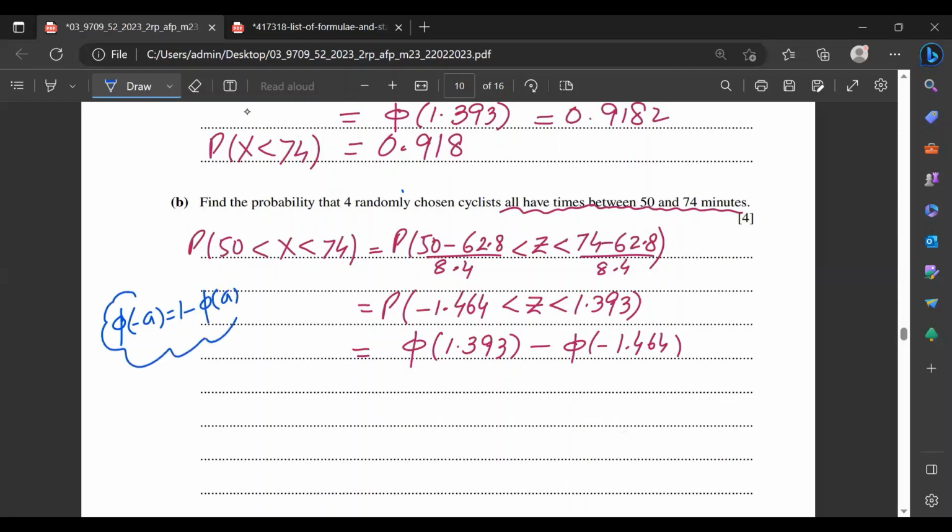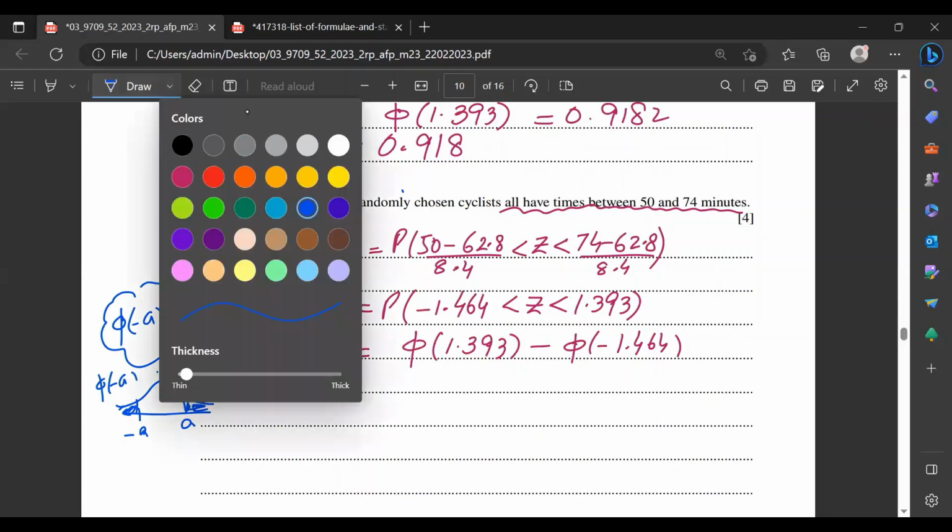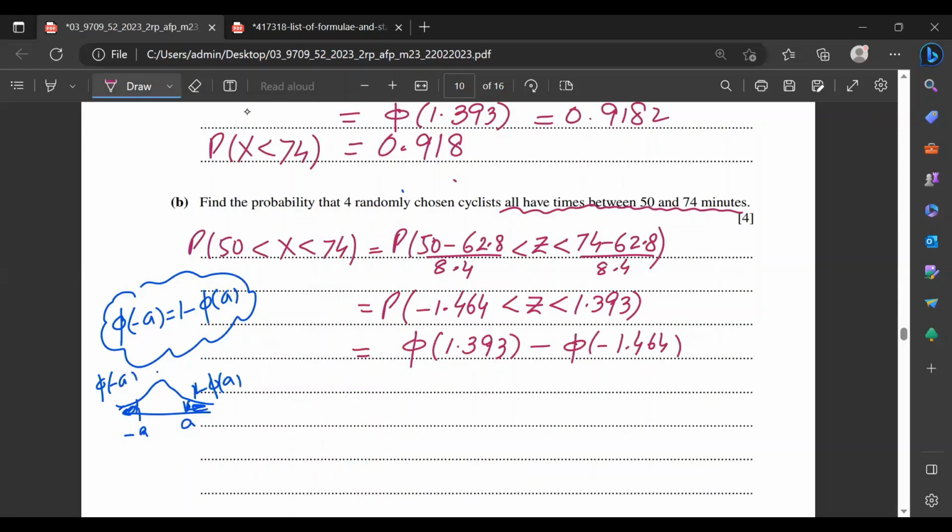The idea comes from the fact that if the negative value minus a is there, less than this is phi of minus a, and the greater would be the same because of symmetry. This is 1 minus phi of a. You can use this formula for negative values because you can't read negative values from the table. So phi of 1.393 is okay.